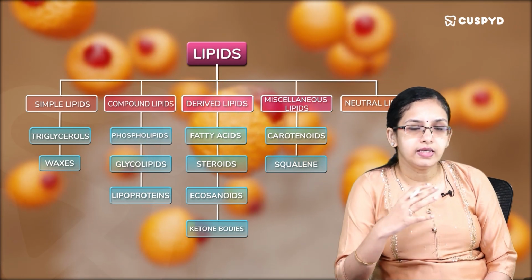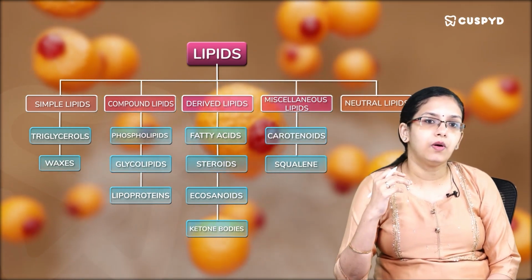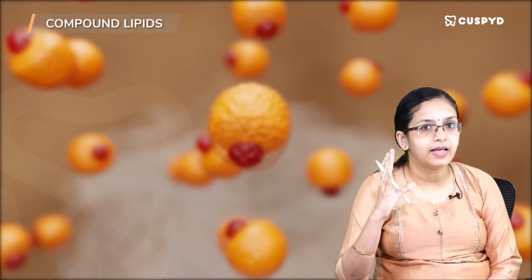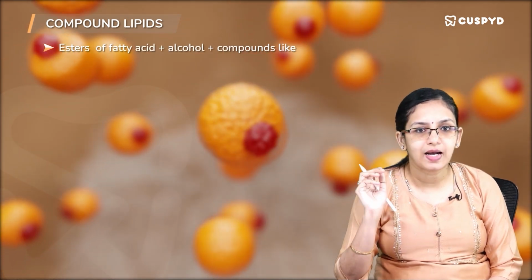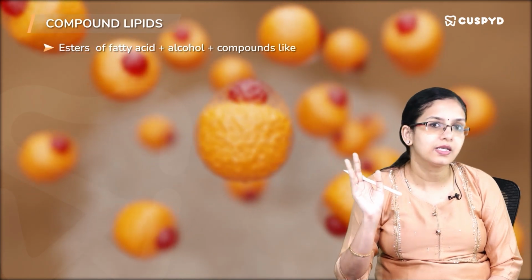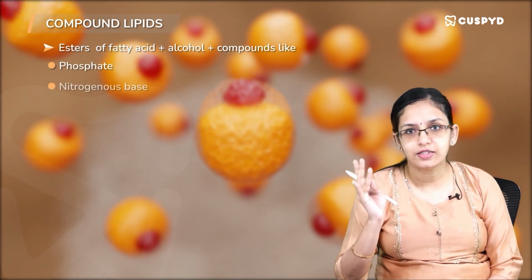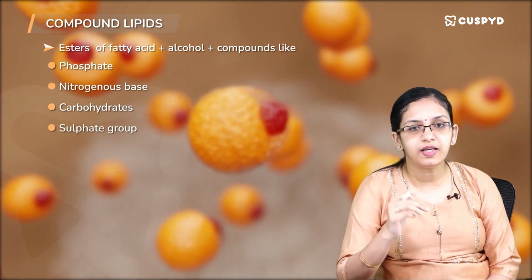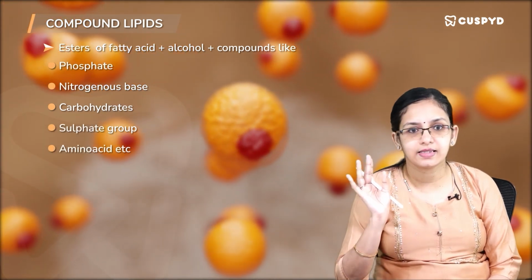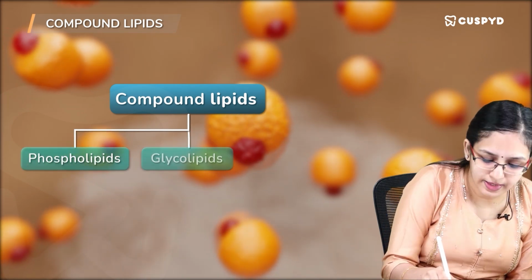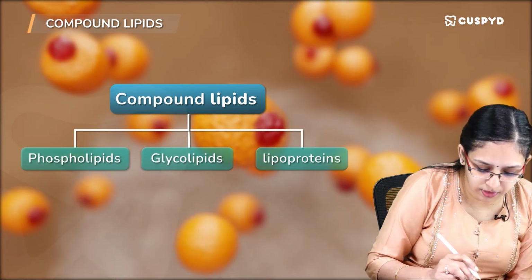Now, going into detail about compound or complex lipids. These compound lipids are nothing but esters of fatty acid with alcohol containing additional groups like phosphate, nitrogenous base, carbohydrates, proteins, sulfate, amino acid, etc. They are further subdivided into phospholipids, glycolipids and lipoproteins.